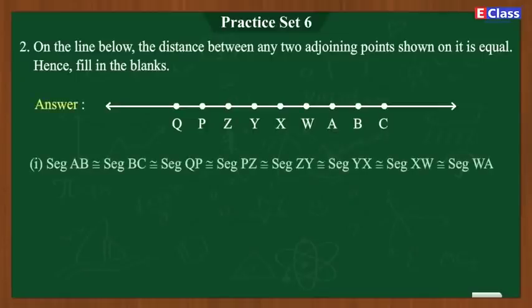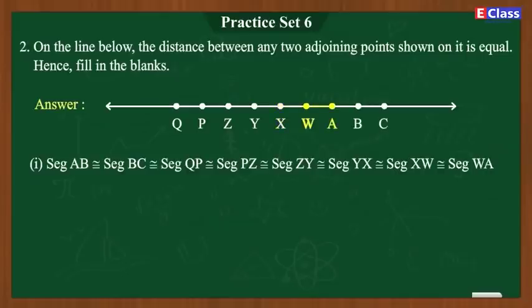Segment AB is congruent to segment BC, which is congruent to segment QP, which is congruent to segment PZ, which is congruent to segment ZY, which is congruent to segment YX, which is congruent to segment XW, which is congruent to segment WA.